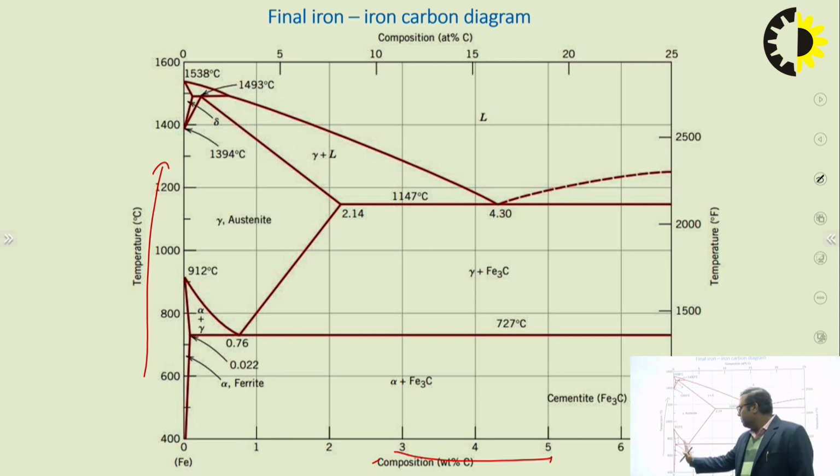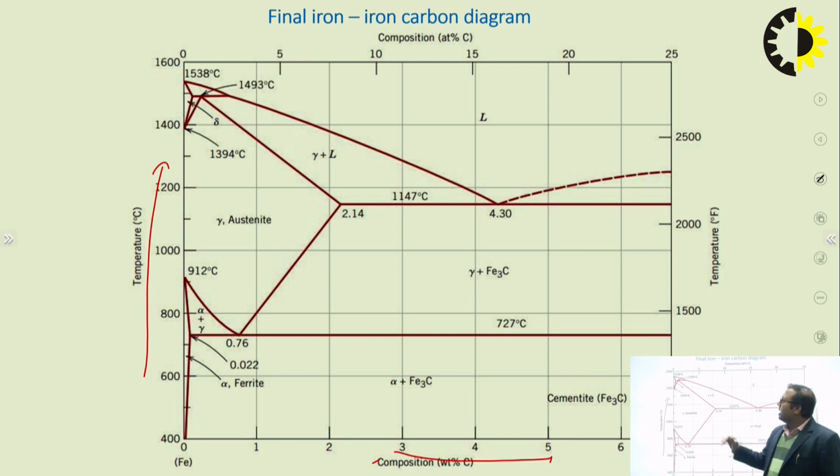Below 0.76 percentage, it is known as hypoeutectoid steel, and from 0.76 to 2.14 percentage, it is known as hypereutectoid steel. From 2.14 percentage to 4.30 percentage, it is known as hypoeutectic cast iron, whereas from 4.30 to 6.70 percentage, it is known as hypereutectic cast iron.